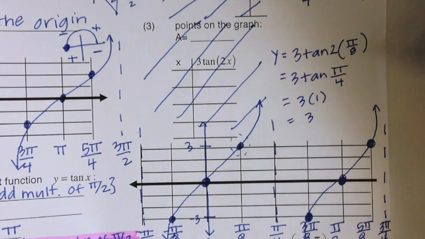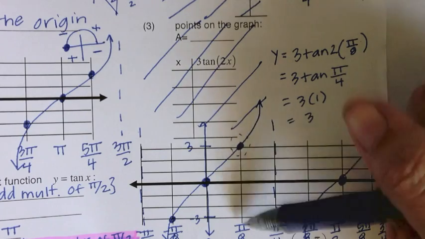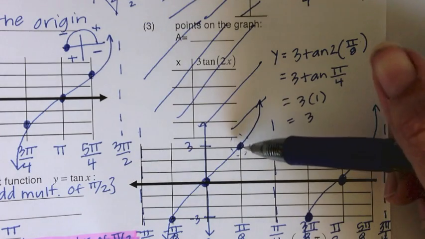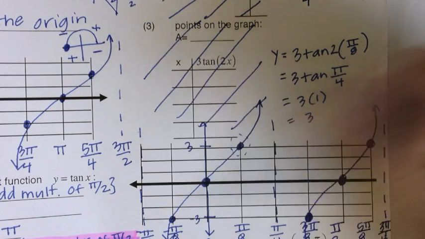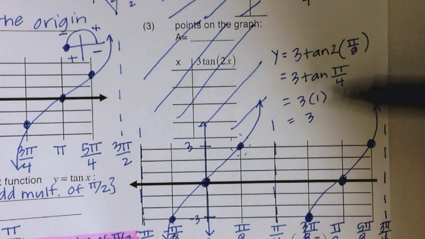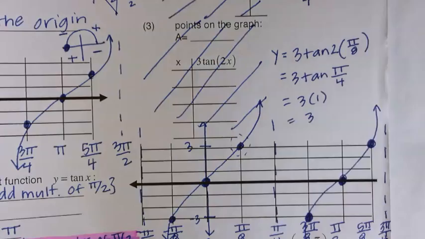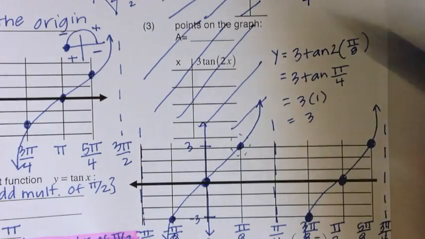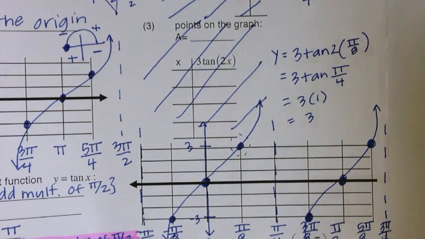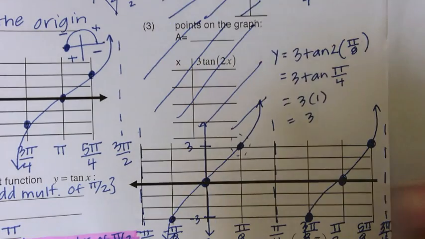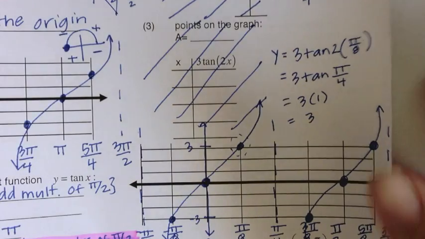So whenever we pick an angle that's 3/4 of the way between the asymptotes, or even 1/4, this will end up being negative. What happens is it gives us the tangent of pi over 4 when it's simplified, which is going to give us 1. So we're just taking our amplitude and multiplying it by that number. Alrighty, so that was the explanation for the first one.